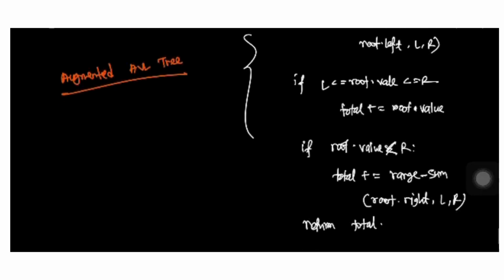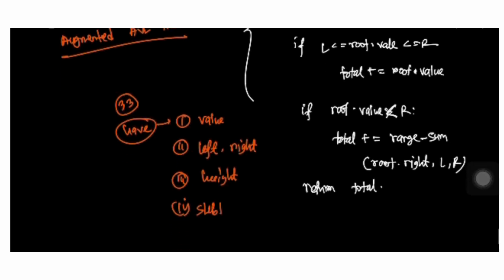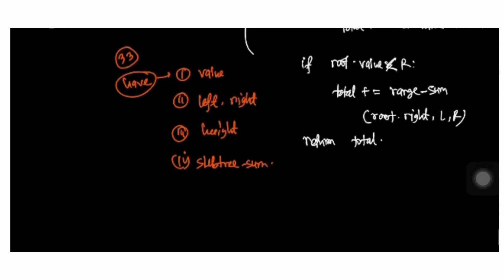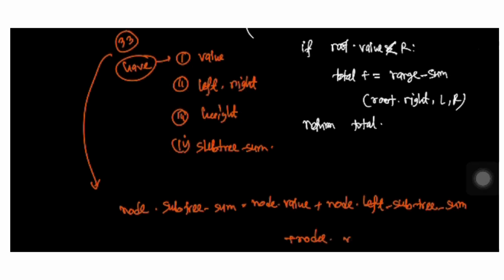Augmented AVL tree, where each node, like 33, each node will have number 1 value, number 2 left and right, number 3 height, and number 4 is subtree sum, where for each node, subtree sum equals node.value plus node.left subtree sum plus node.right subtree sum.